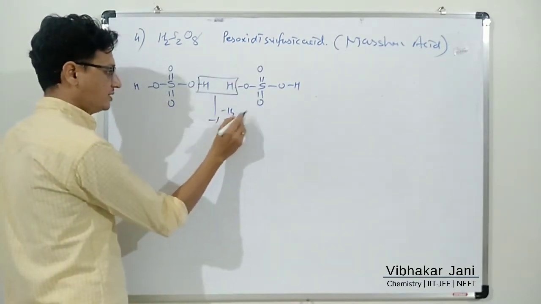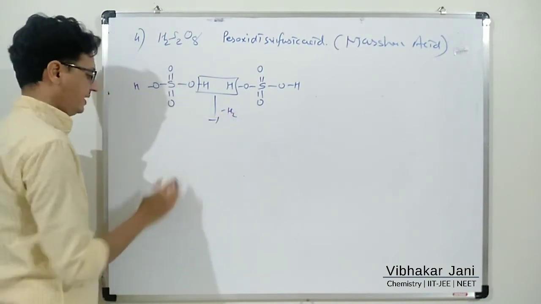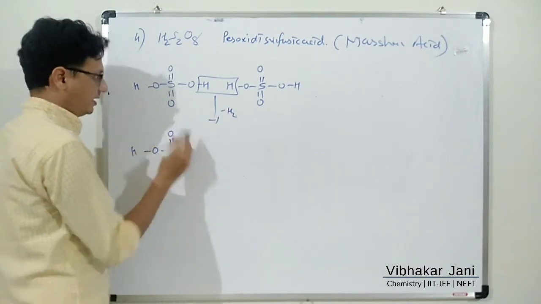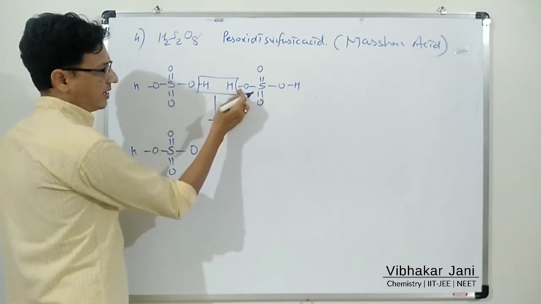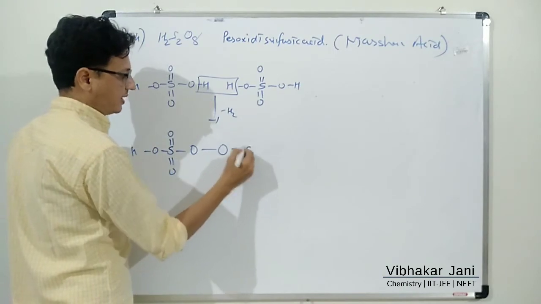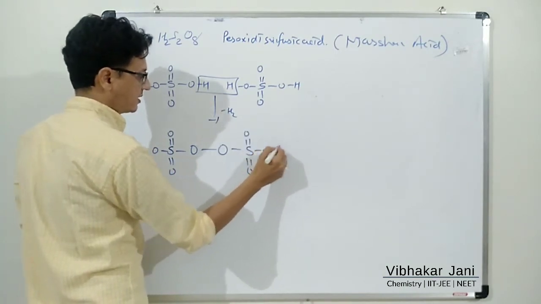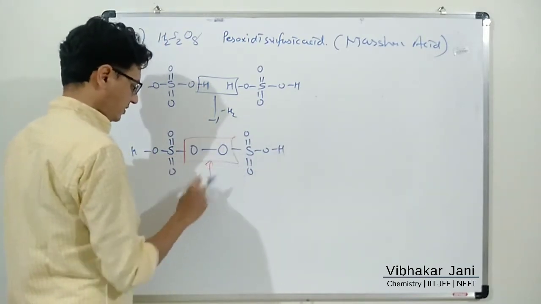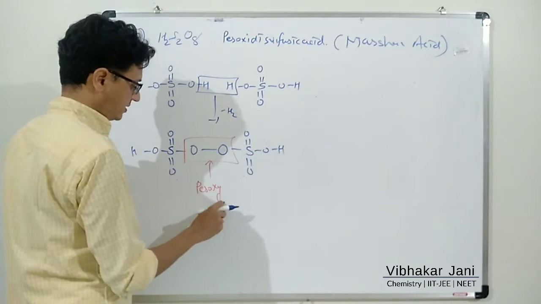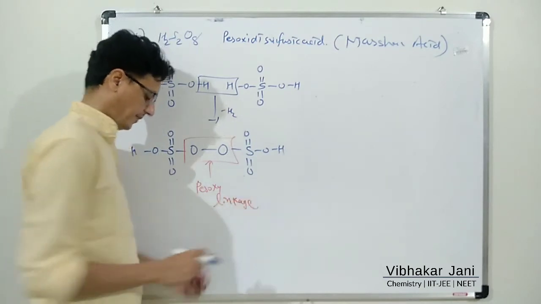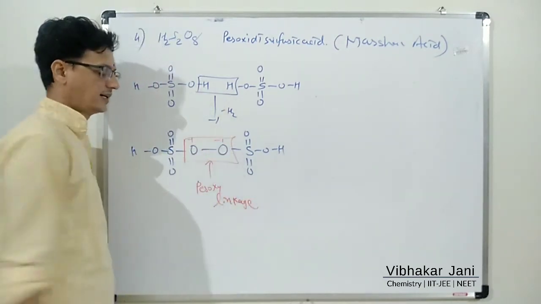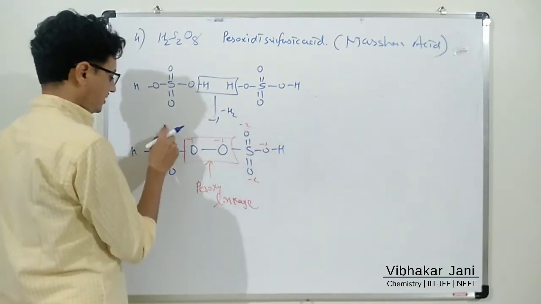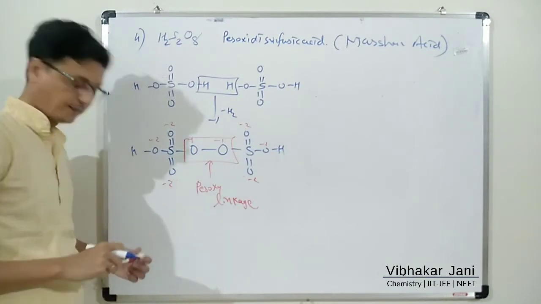If H2 is removed from these molecules, then we will have S double bond O, OH. This O is now attached to the second O, and the remaining structure is the same. So now, as you can see here, this is our peroxy linkage. That means both these oxygens are in the -1 oxidation state and the other oxygens are in -2.